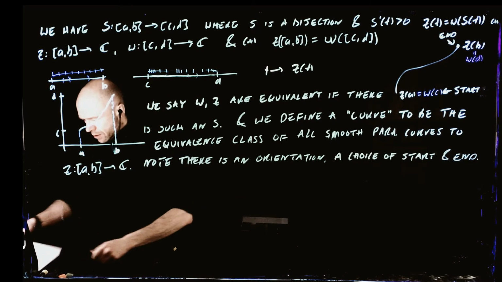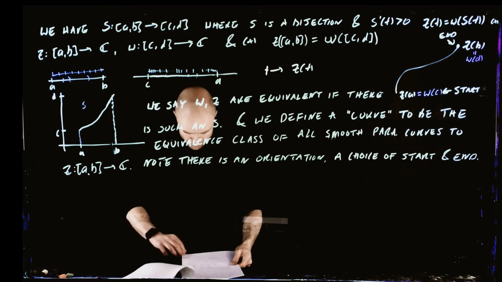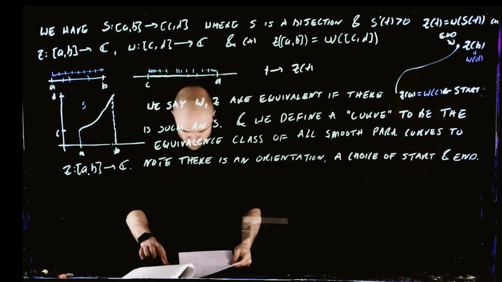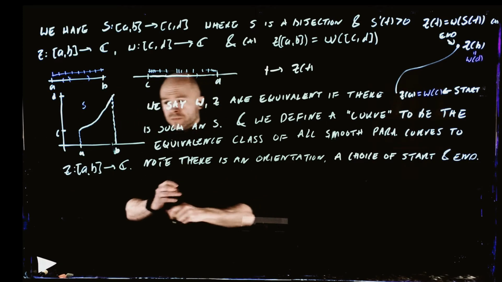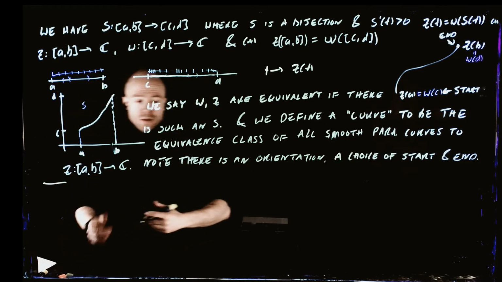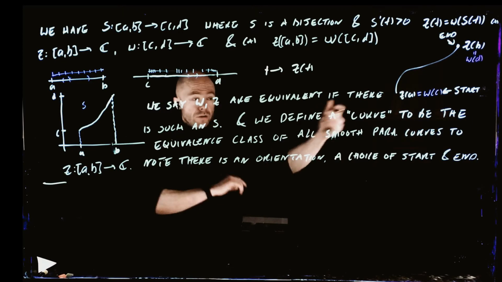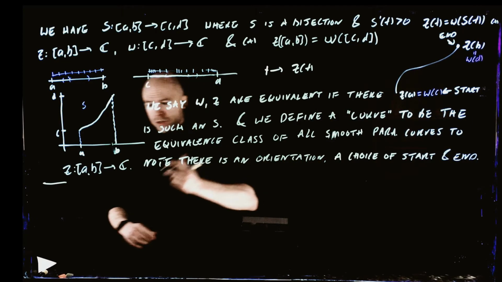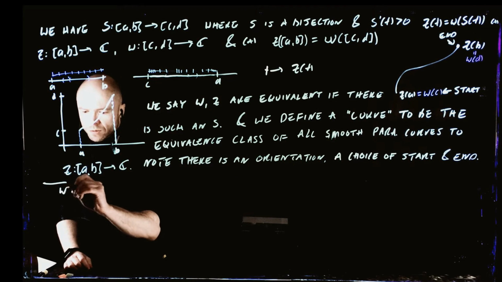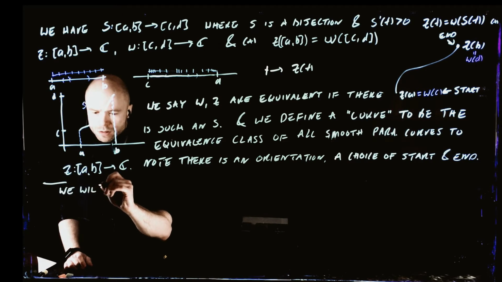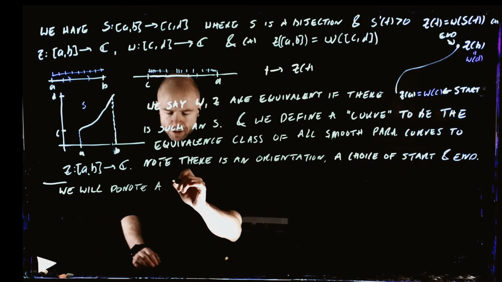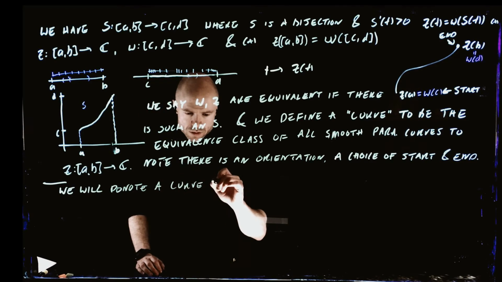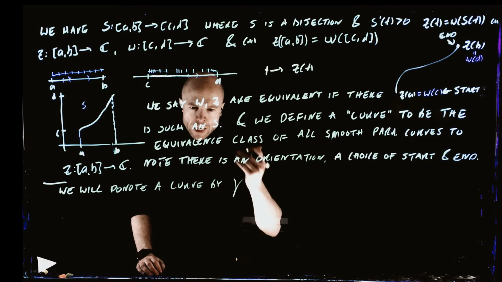And let's do a little bit more algebra of curves and do some examples of curves. So this leads us to the concept of having a curve with the opposite orientation. So we will denote a curve by this thing, gamma, okay?